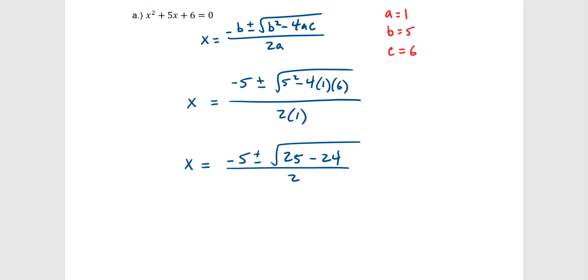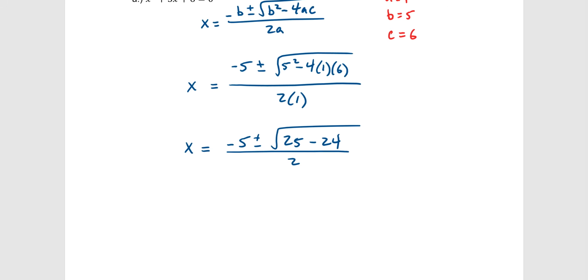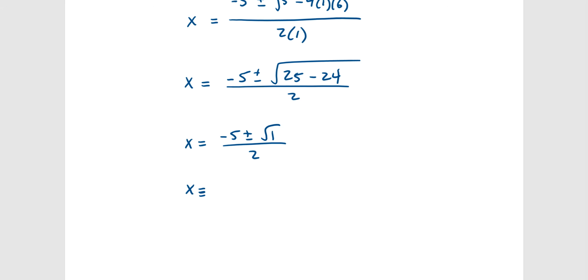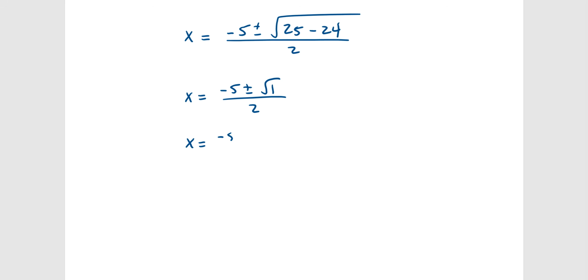And we're going to get a 1 as the radicand. So it's x equals negative 5 plus or minus the square root of 1, over 2. The square root of 1 is obviously equal to 1. So it's negative 5 plus or minus 1, over 2.